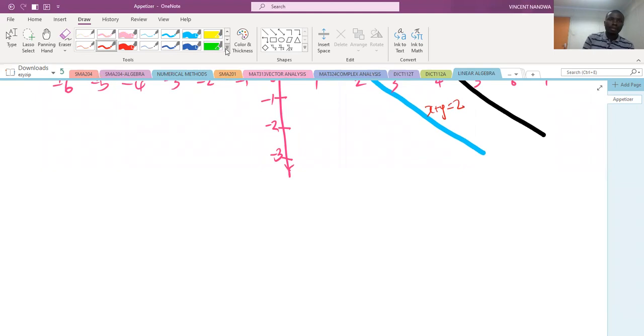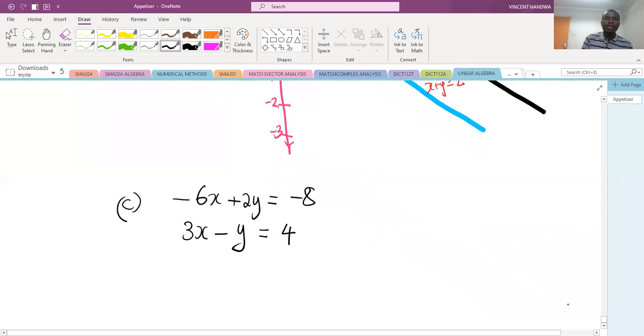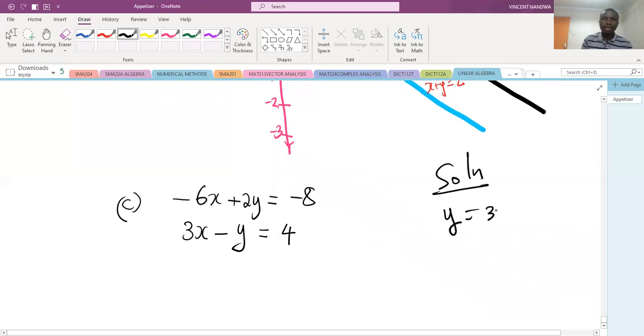And then number 3, we have the equations minus 6x plus 2y equals minus 8 and 3x minus y equals 4. Using the same method we have been using for substitution, from equation 2, y is 3x minus 4.